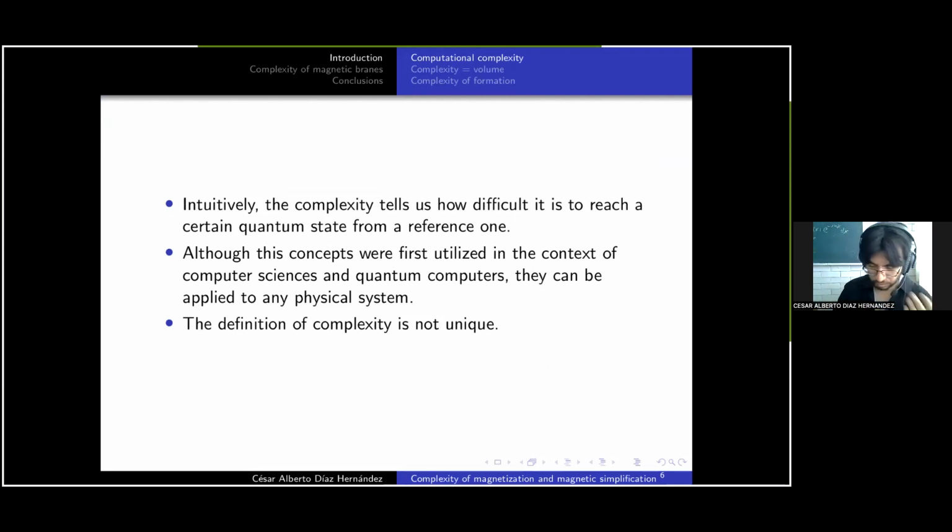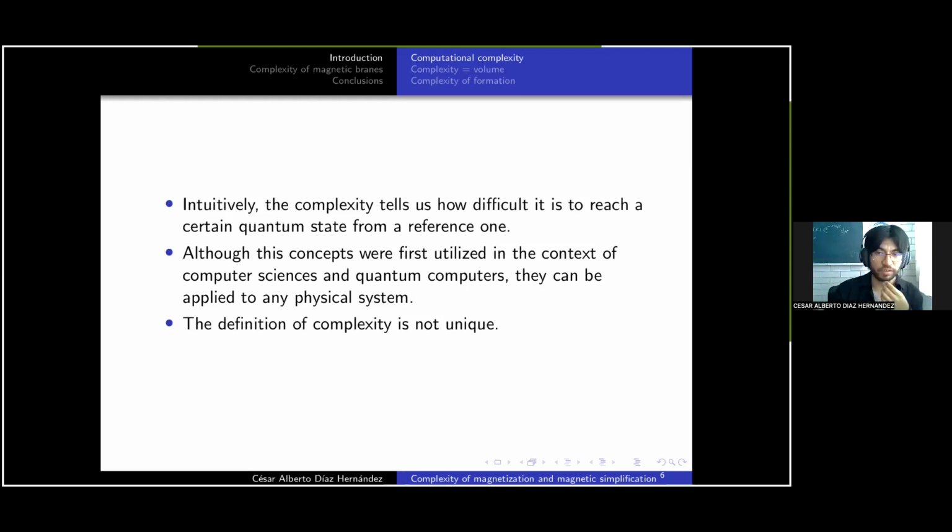Initially, you could think about a computer. Imagine you have some computer or a quantum computer, and you have to make some computation, right? How hard will it be for you to make this computation? Well, you can think of it as how many processes, how many operations your processor needs to do, right?